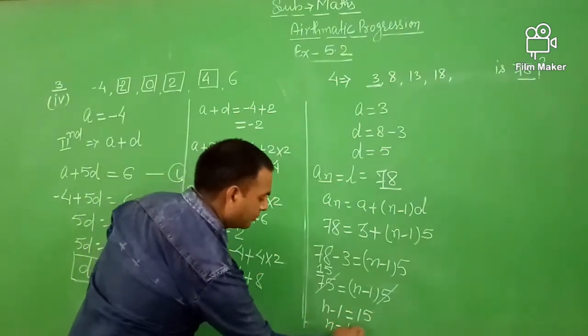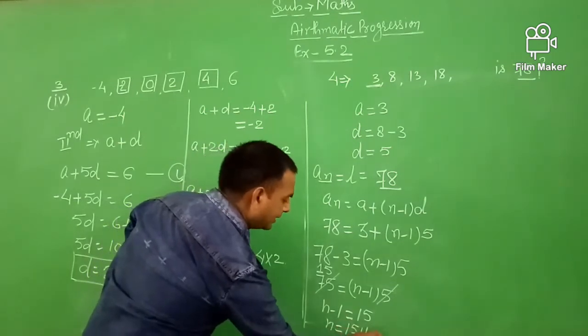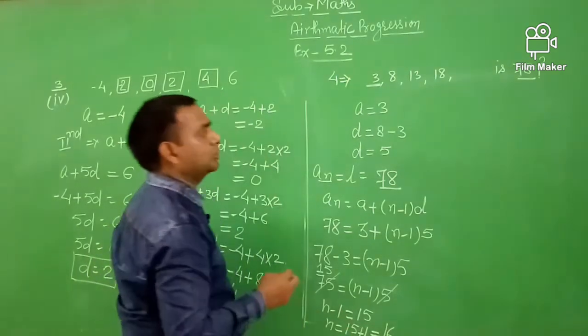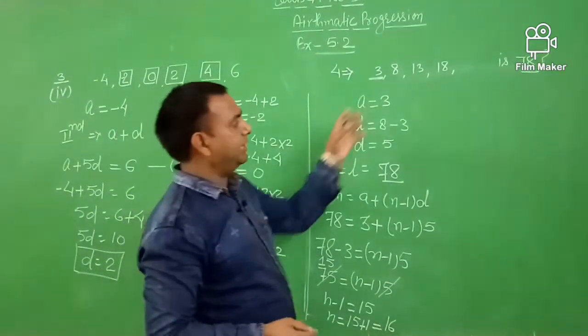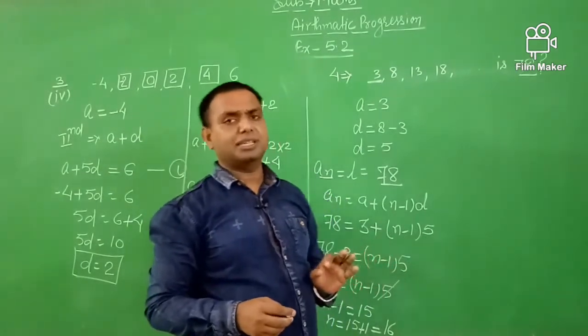Then n is equal to 15 plus 1, which is equal to 16. So you see that the 16th term of the AP is equal to 78.